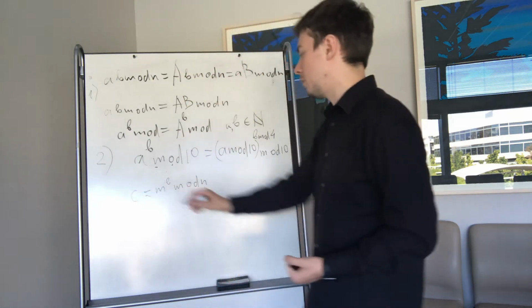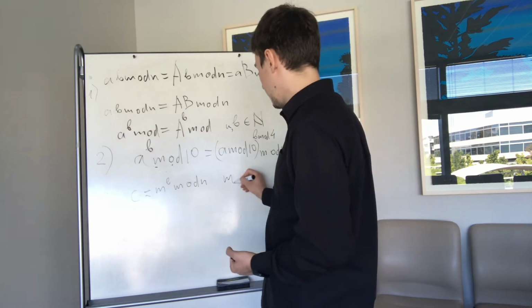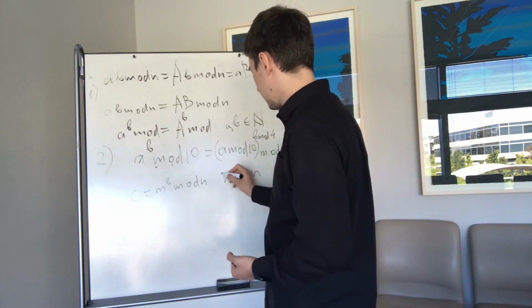So this is the cipher C for a message M, where M is less than N.